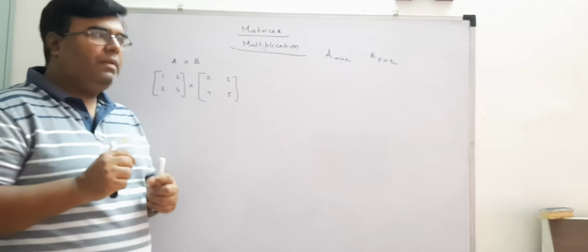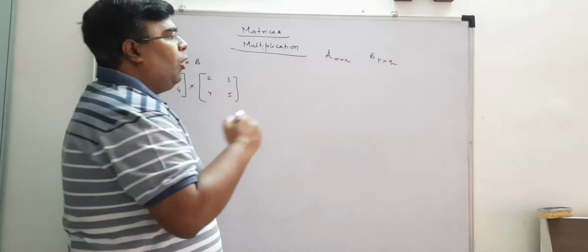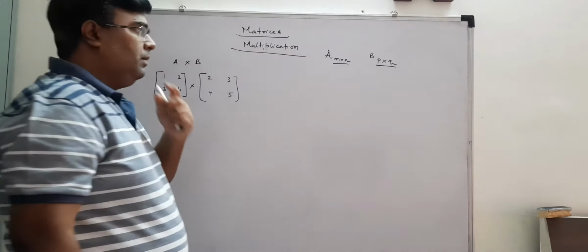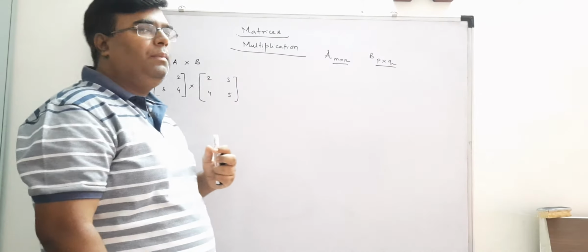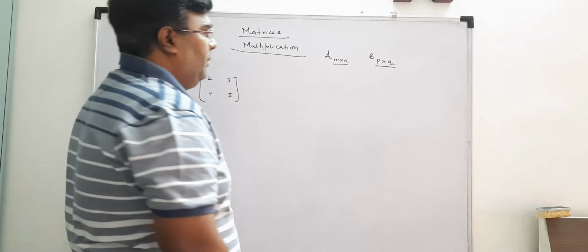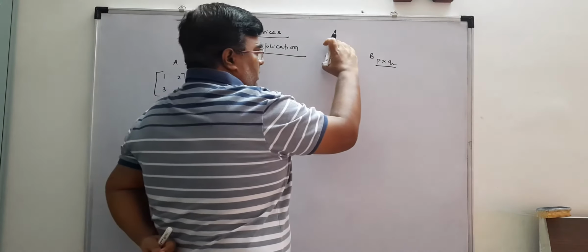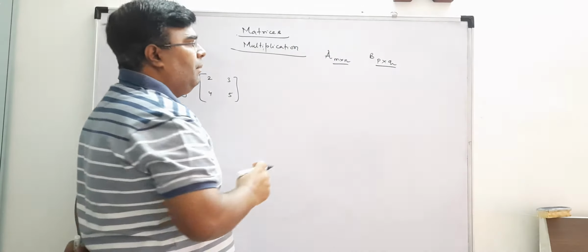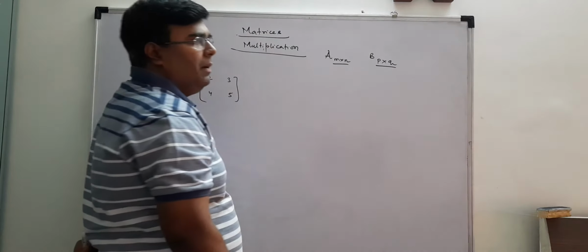First of all, we need to check the order of these two matrices. This is very important because you cannot multiply every pair of matrices. Suppose there is a matrix A whose order is m by n and a matrix B whose order is p by q.